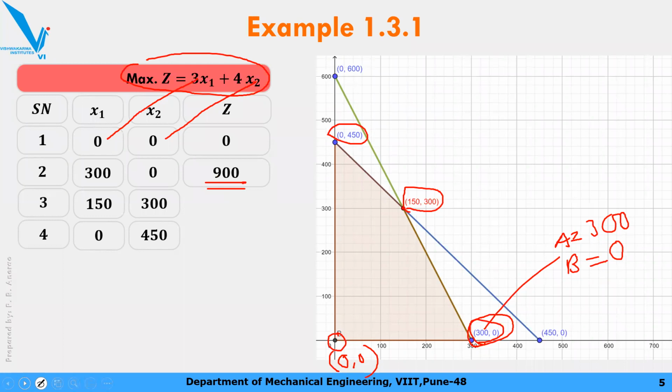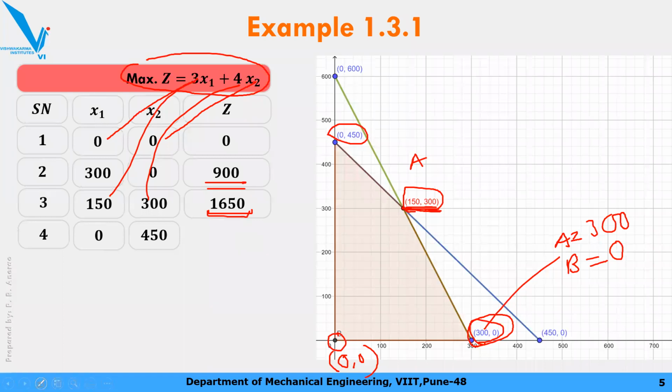Okay, let's check for the third corner point, 150, 300. If we produce A product 150 quantities and B product 300 quantities, so our profit will be 1650. Okay, so 150 into 3 plus 300 into 4, you got 1650.